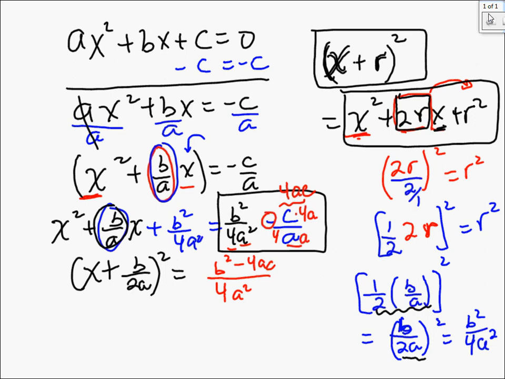Now, I take the square root of both sides. And in actuality, both sides get plus or minus. But it's just enough to put it on one side. Argue through that. Because if this is a plus and this is a plus, well then you can just leave it as plus. If this is a plus and this side's a minus, you can leave it as a minus.